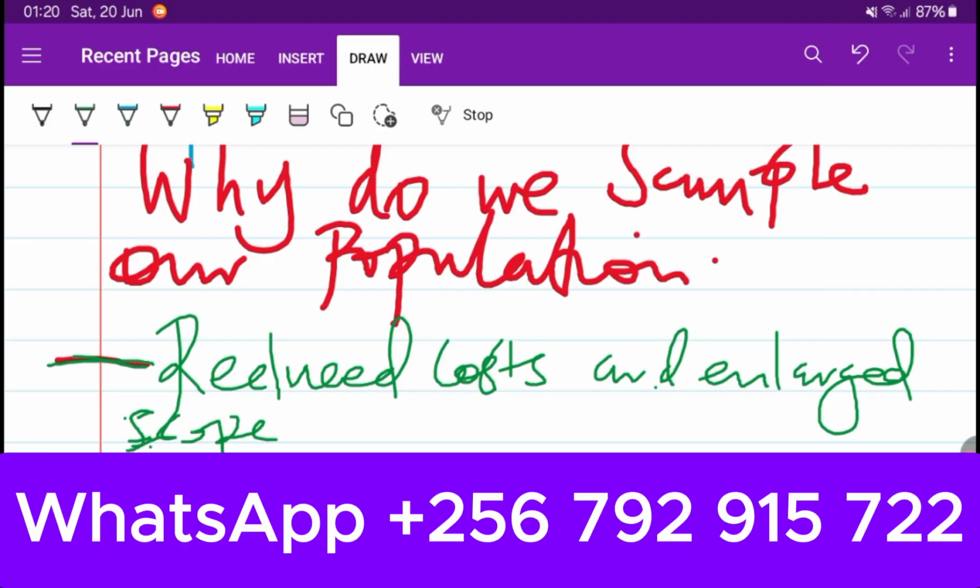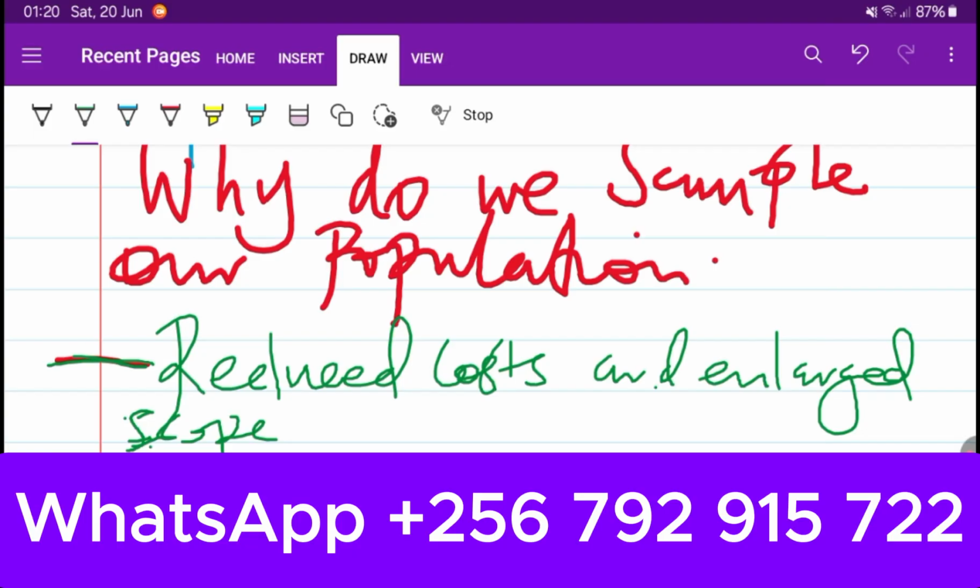So what we are basically saying is that the moment you reduce the number of people you interview or the number of items you study, the less time you will take, and the less money will be paid.